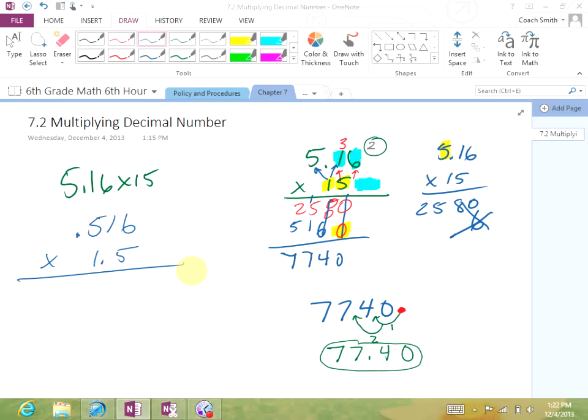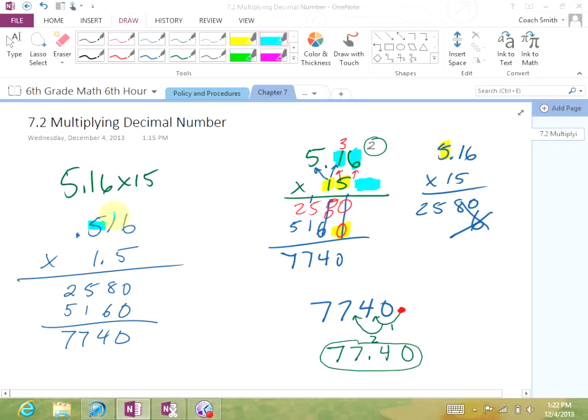I put 1.5, but what else changed in the problem? I put the decimal in front of the 5, right? So nothing changes. This is still going to be 2580. This is still going to be 0615. This is still going to be 0477. Where it changes is here.